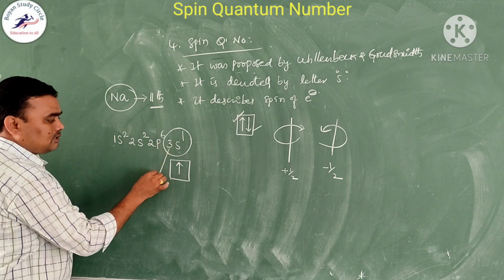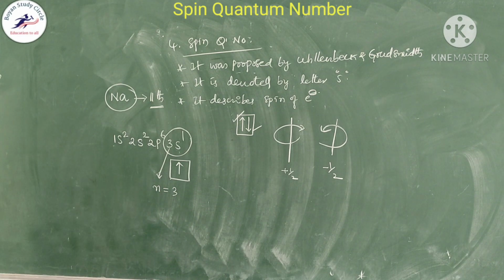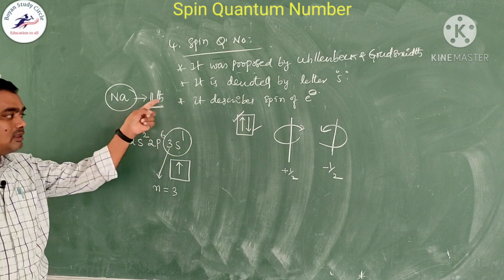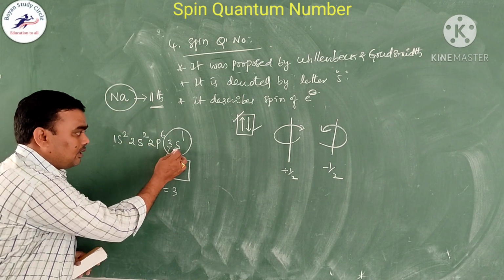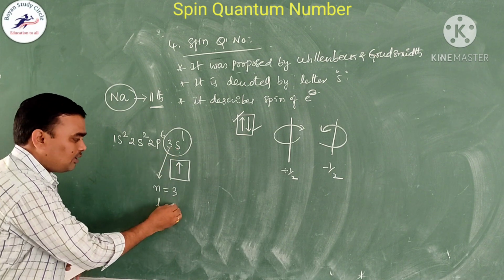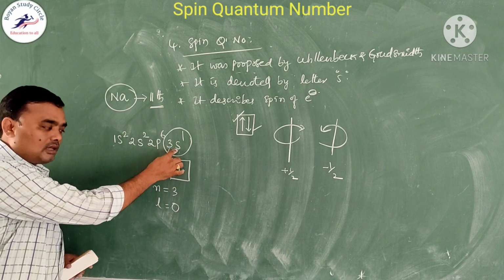Here the 3 indicates the principal quantum number, n is equal to 3. That means this 11th electron is present in the 3rd main shell, the 3rd orbit. And this s means the l value: for s, the l value is 0. So l value 0 means it is present in an s orbital.